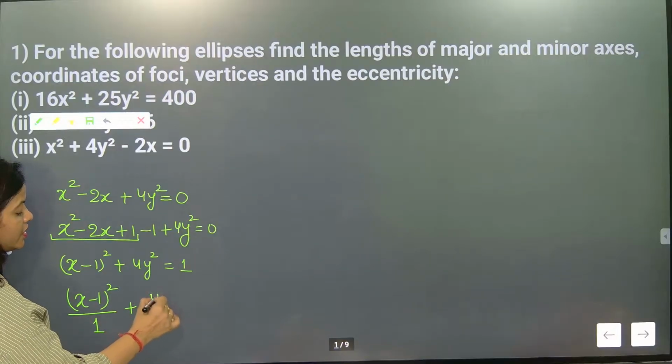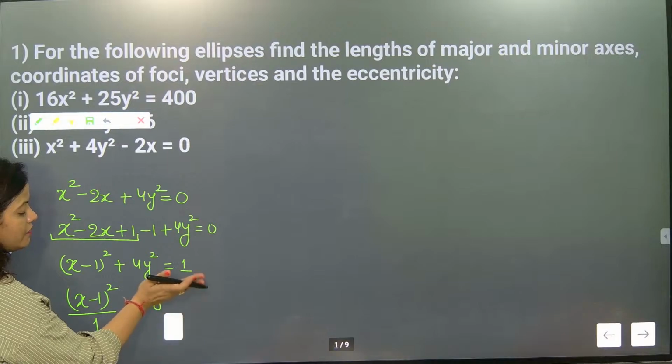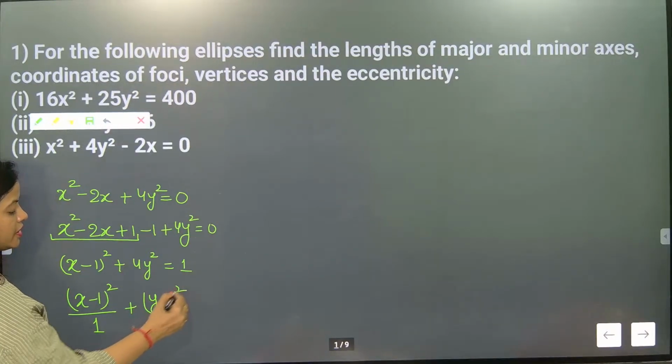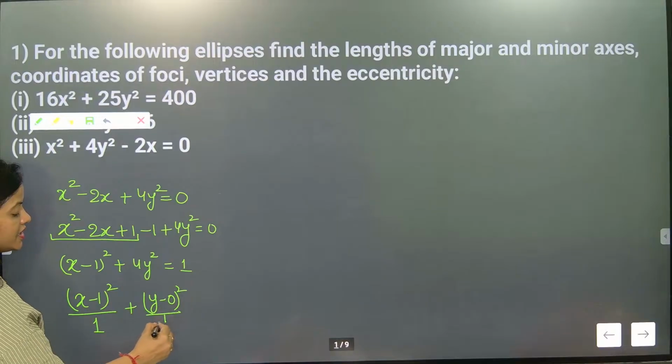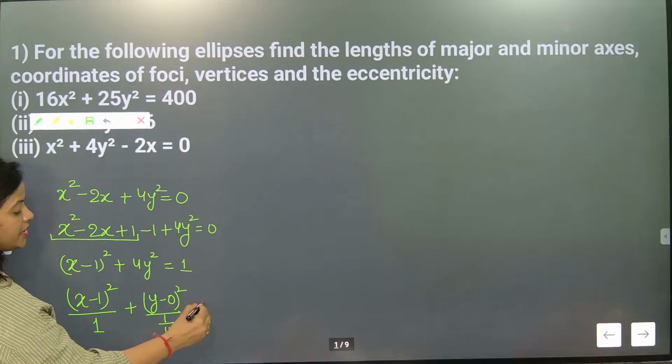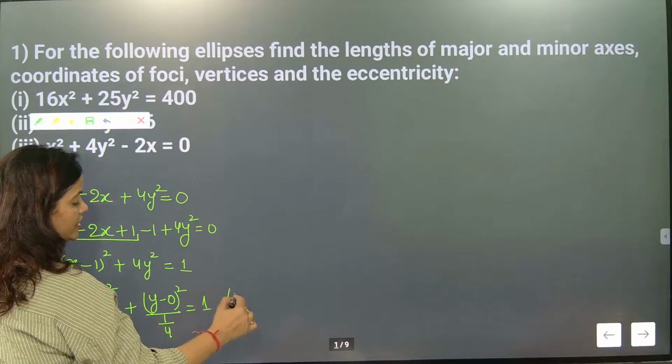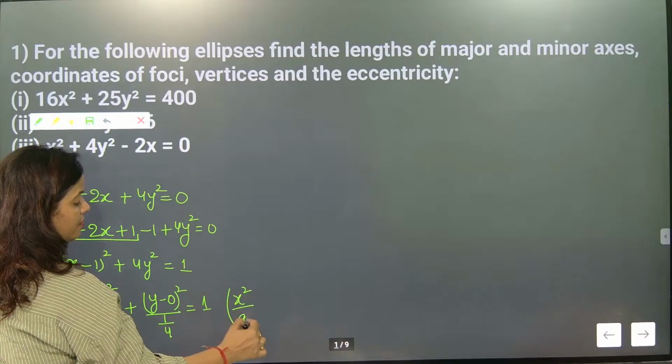But y square is there with 4, so can we write it like this? (y minus 0) whole square, and 4 can be written as 1 by 4 in the denominator. The moment I wrote it like this, I got a standard equation. Did you see this? 4 went down and got converted into 1 by 4. The moment we resolve this 4, it will again take its position. But now it looks like our standard equation, x square by a square.